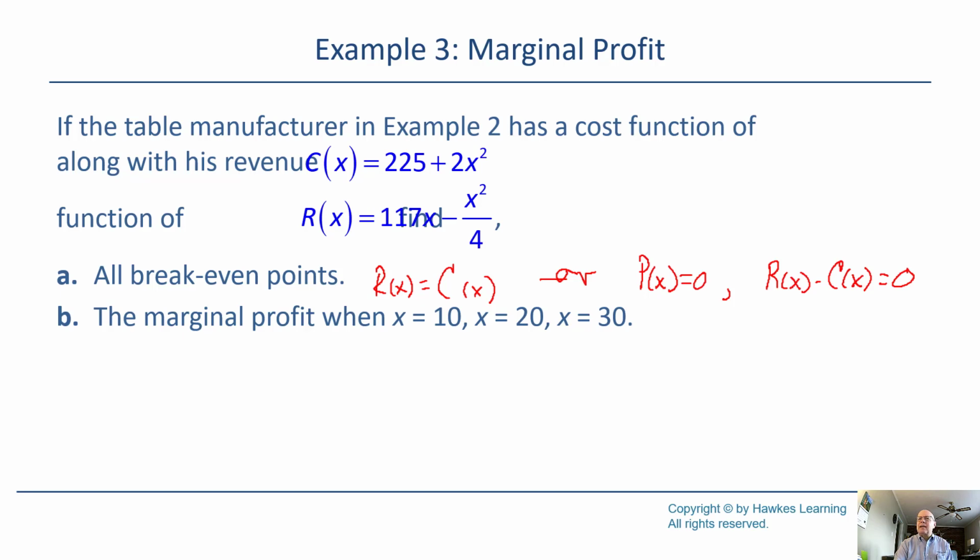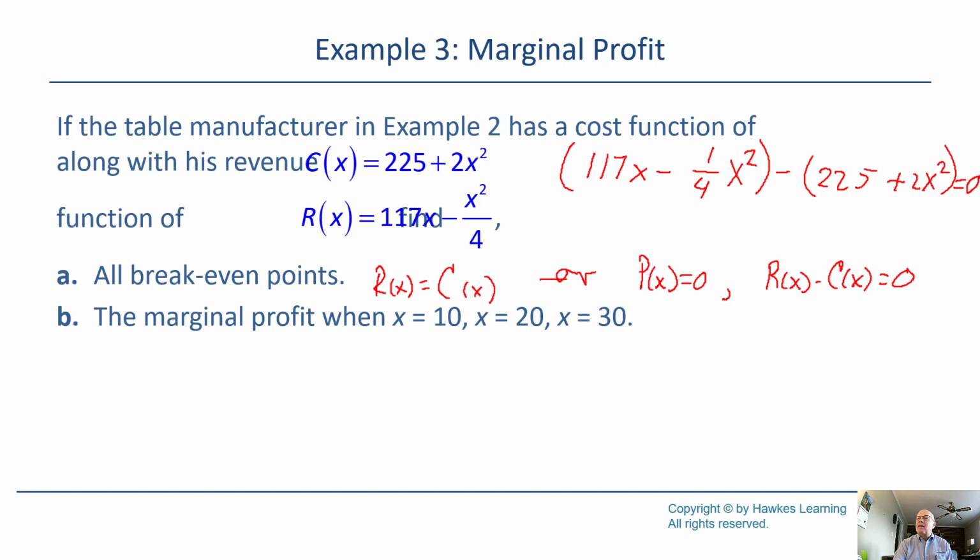So what is that? Well, that means you have to take 117x minus, and I'm going to make this 1/4 x squared, and you're going to subtract the cost, which is 225 plus 2x squared, and we want the break-even point, so that's where it equals 0.